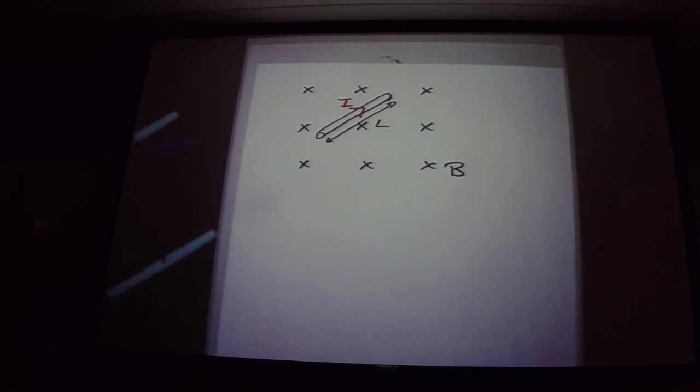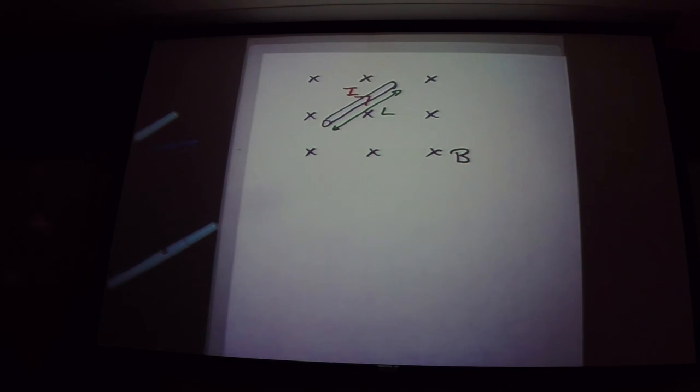Because if I've got a current flowing, that means I've got moving charge. Because I have moving charge, there's going to be a force on it. So what you can do is a dimensional analysis, which is the hand-wavy way that I will derive this formula. You can read your textbook for a more formal way of doing it.